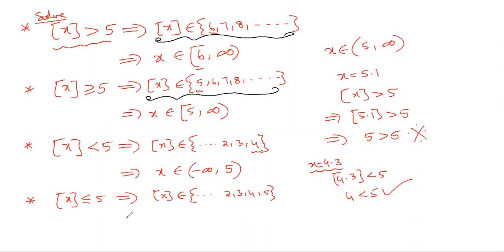And now when you're writing x belongs to, what should I write? Minus infinity to closed interval 5. Then again the same problem comes, whatever problem happened in the previous case. So it'll be open interval 6.